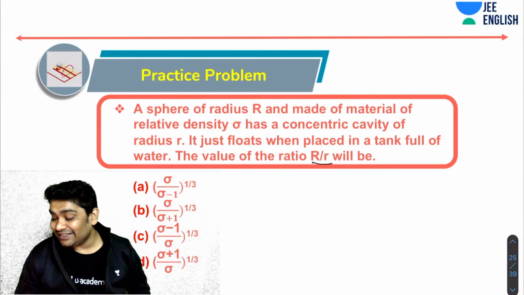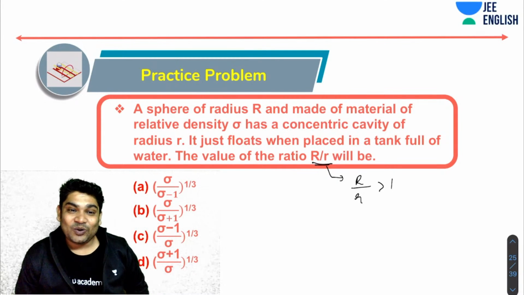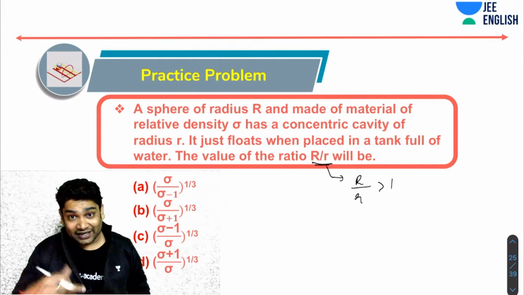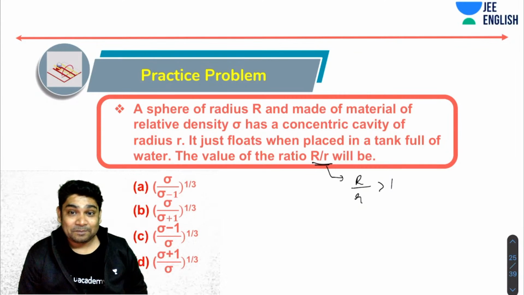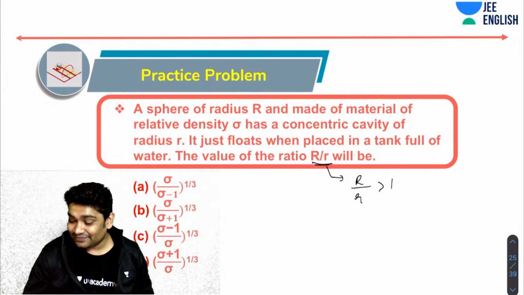So logic says that I know R by r must be greater than 1, right? You cannot have a hole which has a radius greater than the radius of the sphere. I hope that you can immediately find that logically. But R by r should be greater than 1. This is one option which is greater than 1.